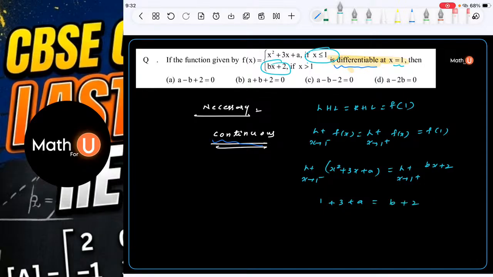Simplify this, we get 4 plus a equal to b plus 2, then a minus b plus 4 minus 2 is equal to 0, a minus b plus 2 is equal to 0. Then option A is the correct answer. This is the relation between a and b.